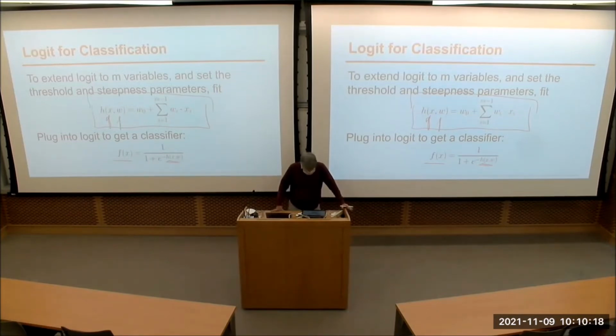The Logit function had the property that any number got mapped from 0 to 1. And likewise, if we plug this in as the exponent, f of x is going to be a value from 0 to 1 that reflects the full vector x, instead of just an integer x. Any questions?